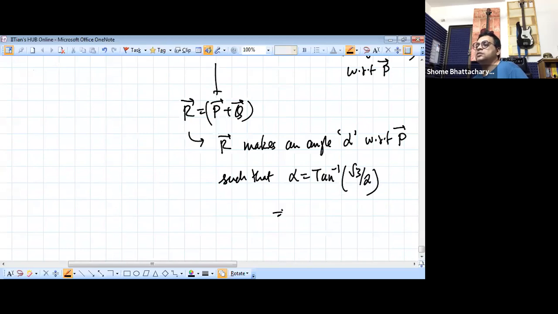Or in other words, tan alpha is root 3 by 2. Now you understood how we'll interpret the question. So we know the formula for tan alpha, and now we'll use this.